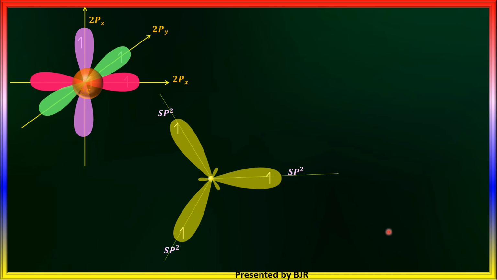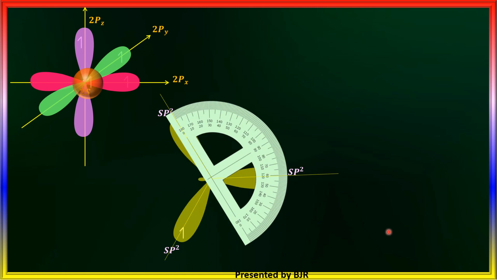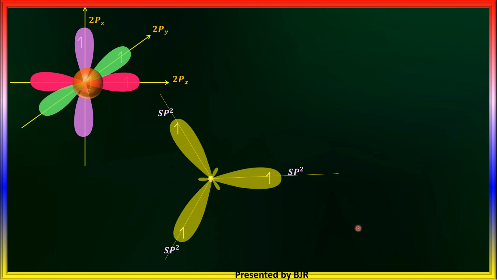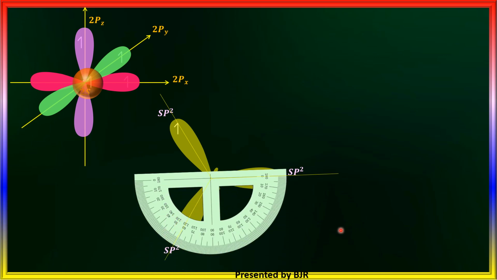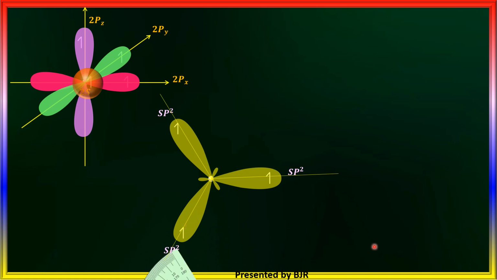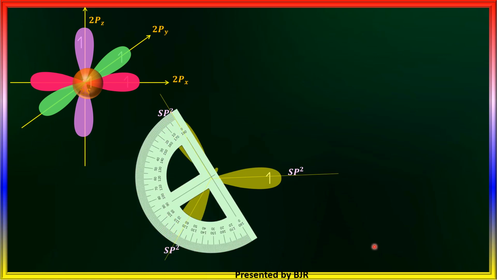You see here, if you measure the angle between any two sp2 orbitals, here it is 120 degrees, and measure the angle between these two, here also 120, and here also 120 degrees.